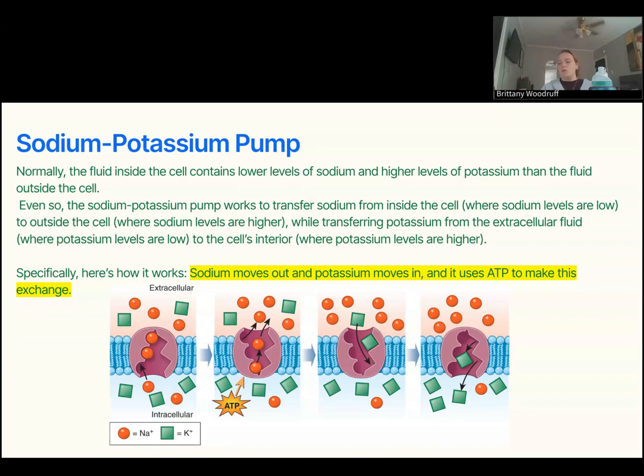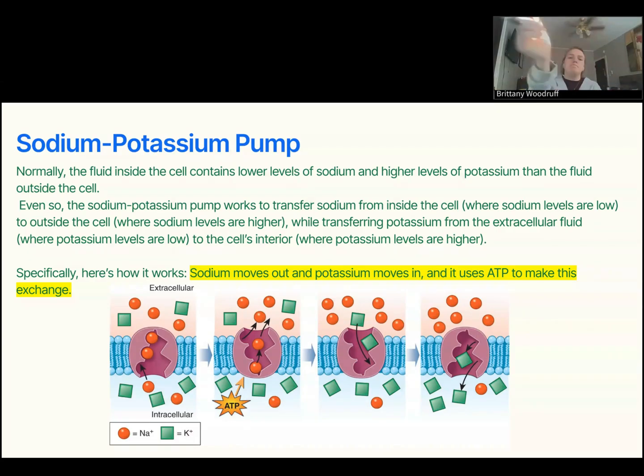Now, I do not expect you guys to know a lot about the sodium potassium pump yet. It's going to come up when we get to neuroscience, the nervous system. When we get to the nervous system, we will talk about the sodium potassium pump, but this is all you will need to know for it.